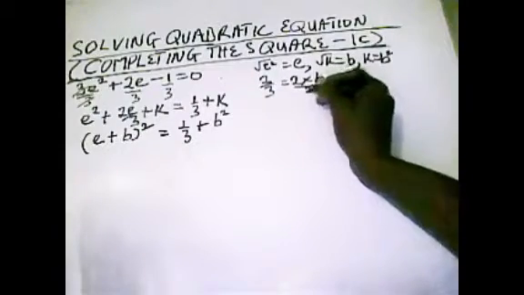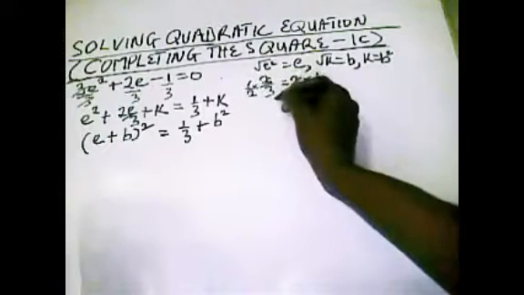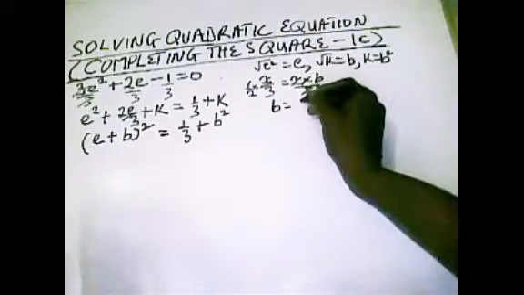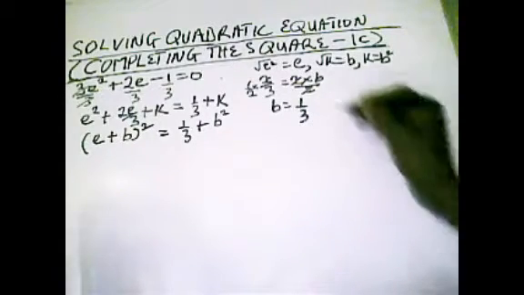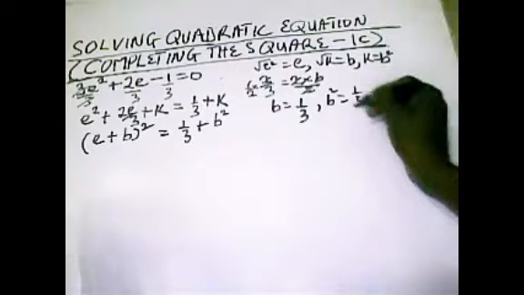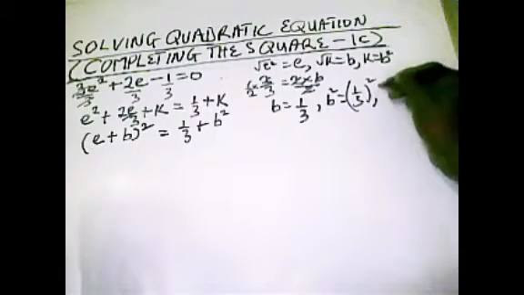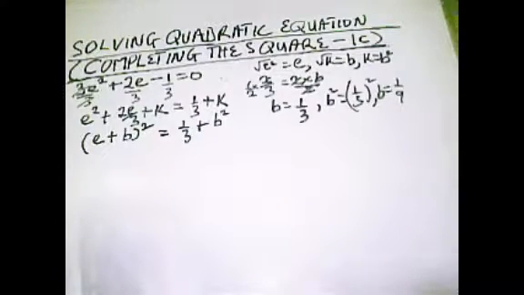So we divide both sides by 2, and we have the value for b as 1 upon 3. That means that b squared will become 1 upon 3 squared, and that will give us 1 upon 9. So please take note of all this.